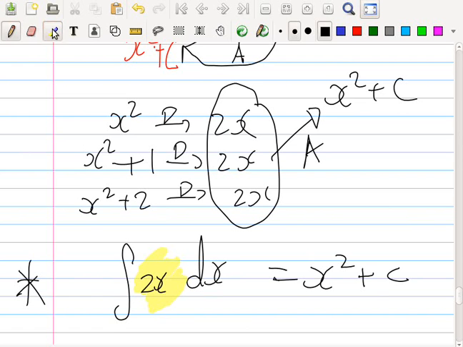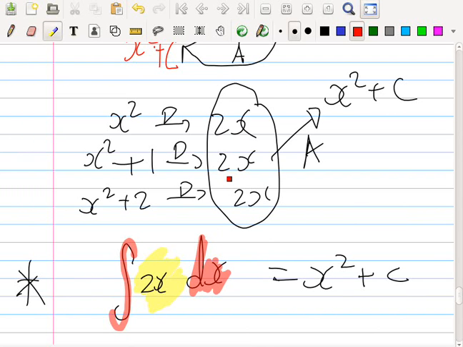And if you want to think about it in more detail, this symbol here means antiderivative, and then this symbol here tells you what the variable is. So you know previously you have dy dx. Which one is the variable? The y or the x? The x is the variable that changes. So the dx here tells you what the variable is.